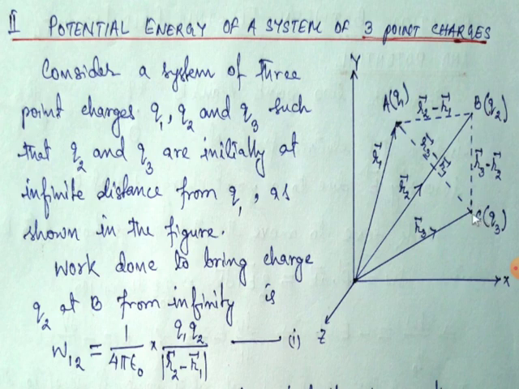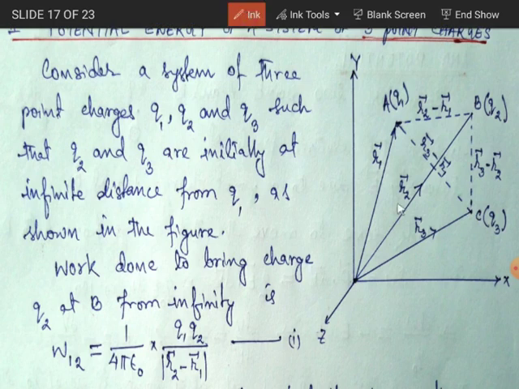Got it? So suppose V1 and V2 are the potentials at this point C due to q1 and q2 respectively. Let's take V1 as the electric potential due to q1 at C. Got it?